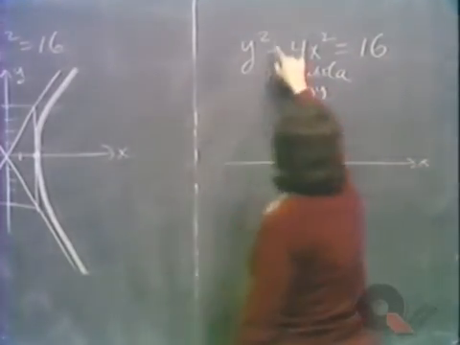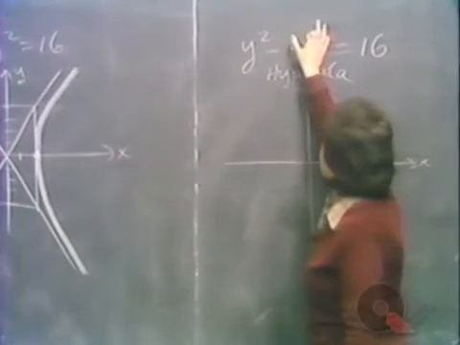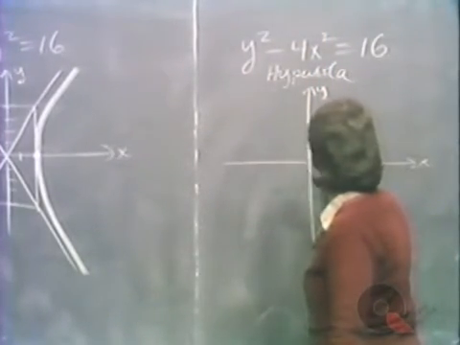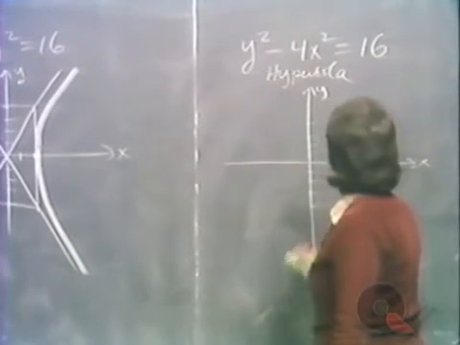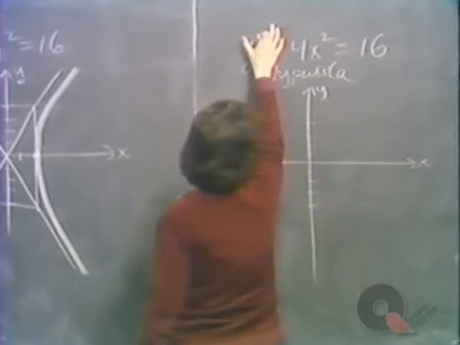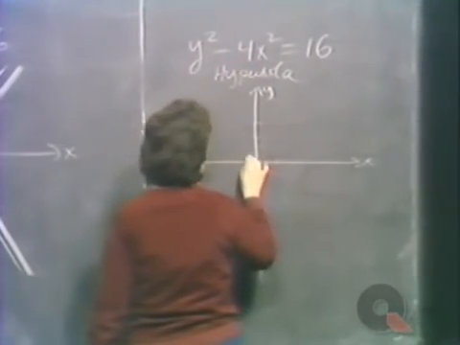What we do is temporarily pretend that that was a plus sign, in which case it would be an ellipse, and let's try to find the intercepts. If x was 0, y would be 4 and minus 4. If y is 0, and if this had been a plus sign, then you would get 4x squared equals 16, x squared equals 4, x is 2 and minus 2.